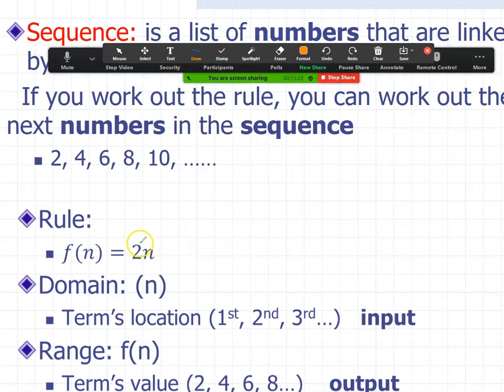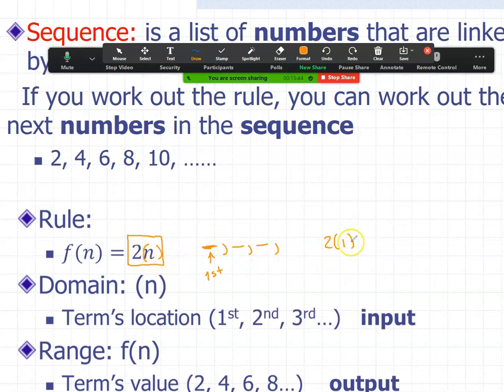Okay, so in this rule, if the rule is 2 times n and you're trying to recreate the sequence, if you are trying to get the first number in the sequence, you would plug in 1 right here, inside the n.